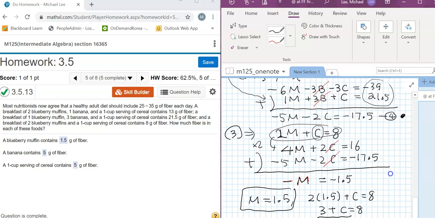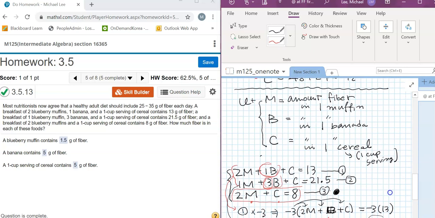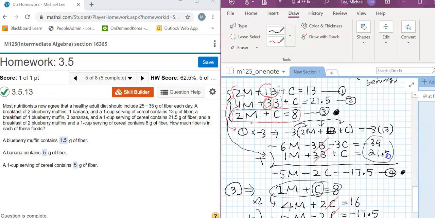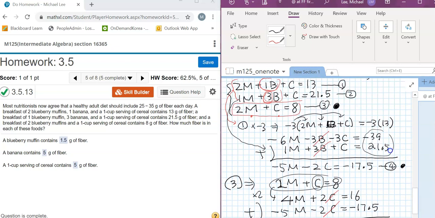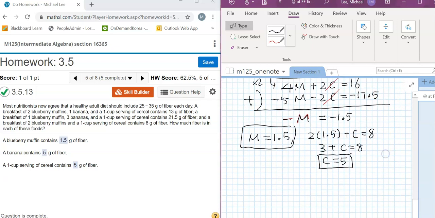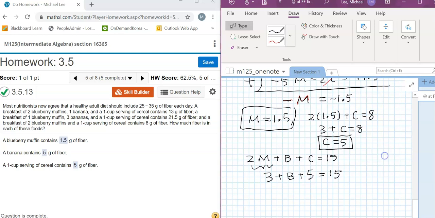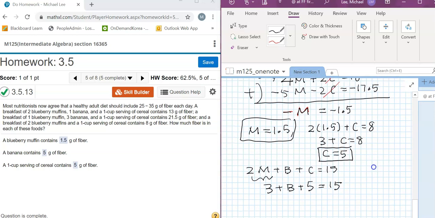Now what's left? Banana. So we're going to find banana, from anywhere in the equations. How about number 1? 2m, 1b, c. So 2m plus 1b plus c is 15. But now I know 2 times m is 3 plus b plus c is 5 equals 15. Okay, is that right?